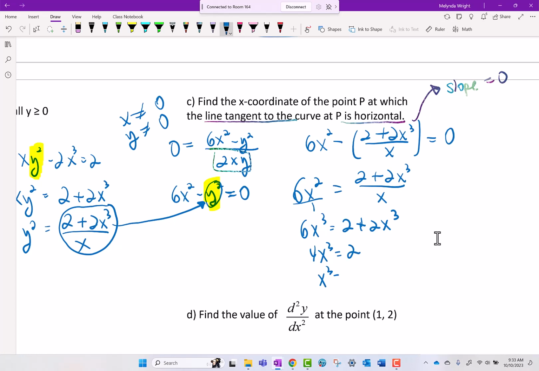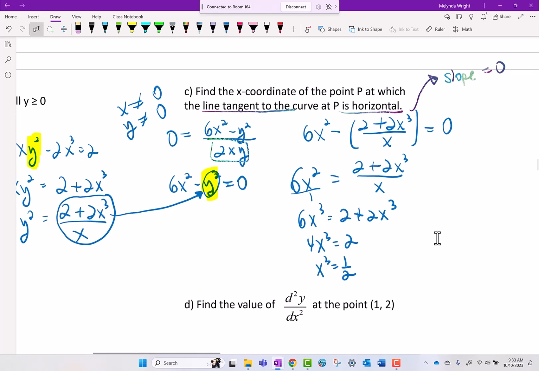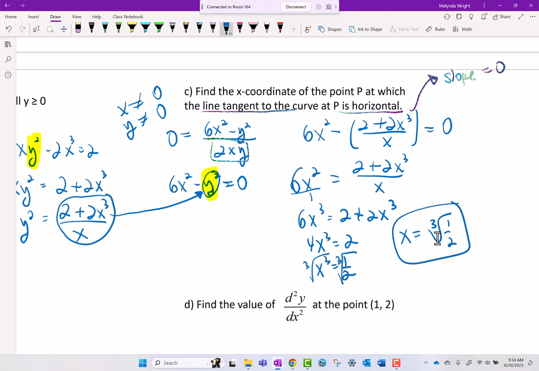So x cubed is 1/2. 2/4 is 1/2. Then I cube root both sides. And I get x is the cube root of 1/2. Oh, isn't that delightful? And there we go.